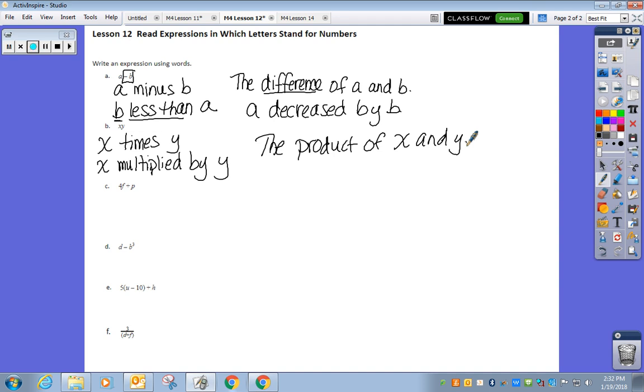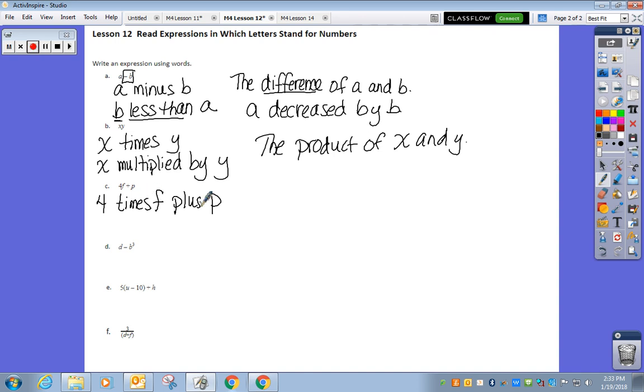So the next one starts to bring in two operations. We have 4f plus p. What that means is I'm multiplying the 4 and the f together and adding on the p. So I can say 4 times f plus p. And now whenever I redo this, I can replace the times with any multiplication word.